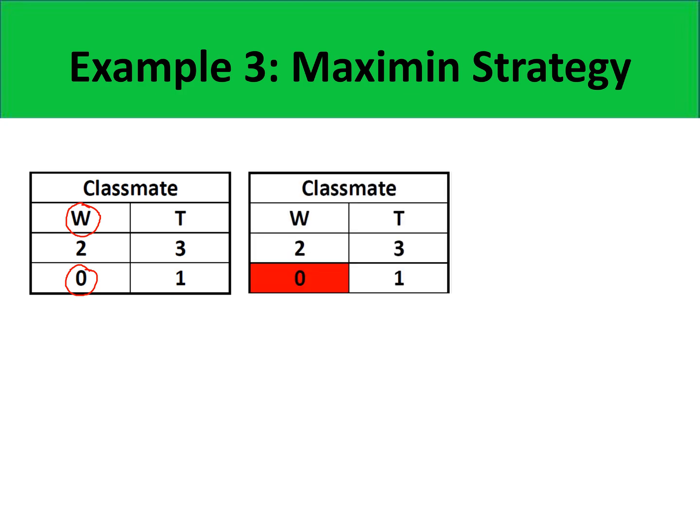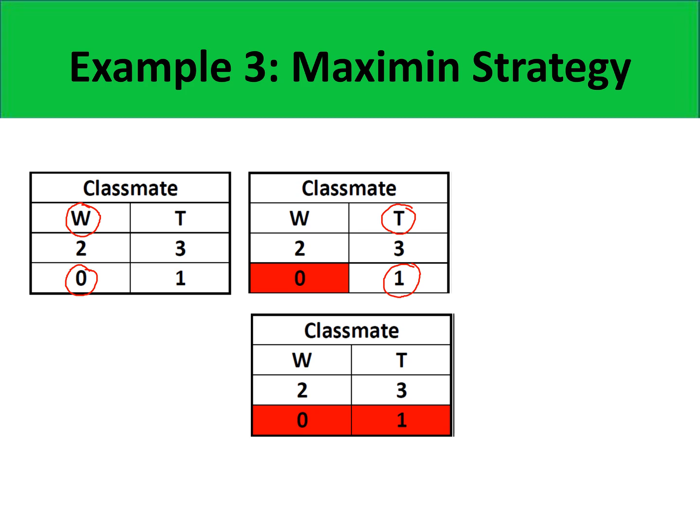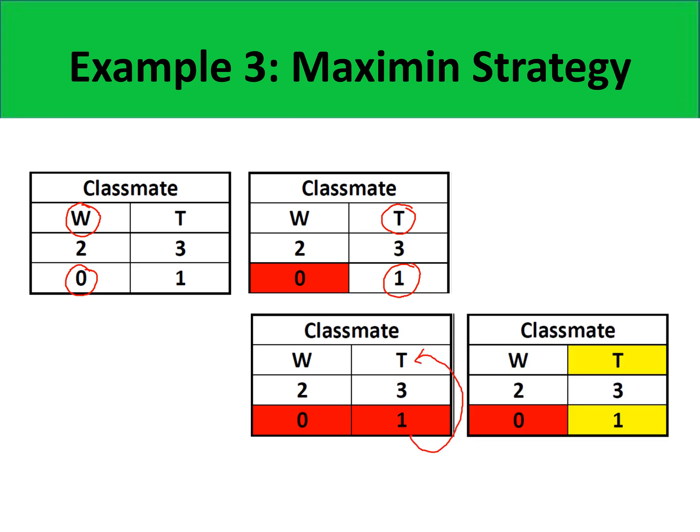Now, if the column player would choose to take it easy, his payoffs would either be 3 or 1, and the worst payoff here is 1. Comparing the two worst payoffs, we get the maximum. In this case, the maximum is 1, which corresponds to take it easy. Therefore, the column player's maximin strategy is to take it easy.